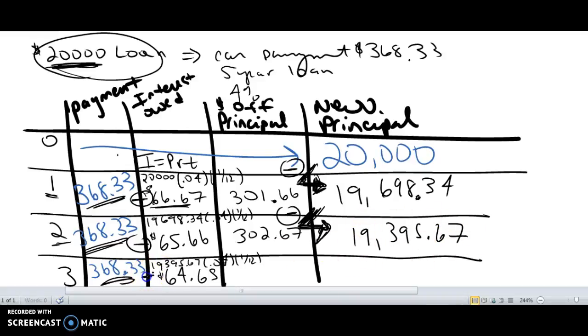You subtract it from the payment, because the bank's going to take that first, and whatever's left over, they will let you apply to your loan to make your loan go down. Then to get the new principal, you take the old principal and subtract how much is actually coming off it from your car payment. And again, it's never the full amount. So you subtract those two numbers and you get the new one.